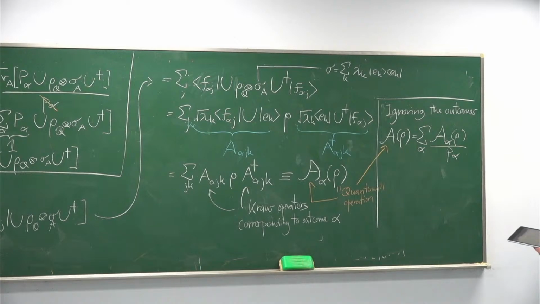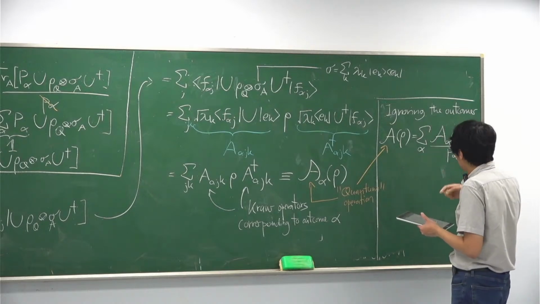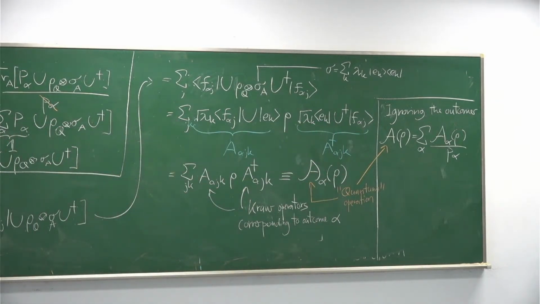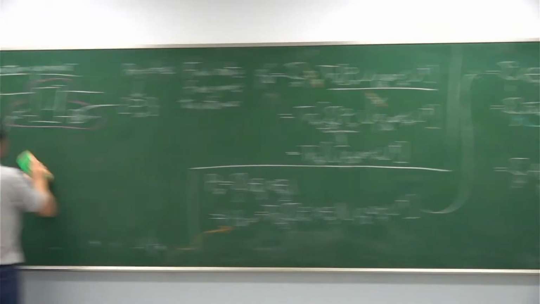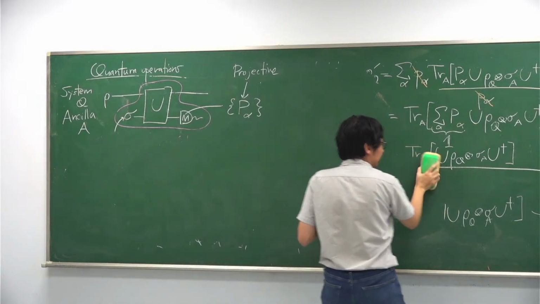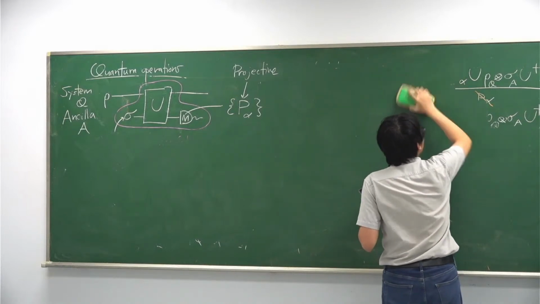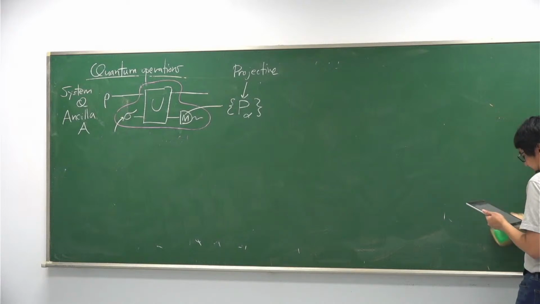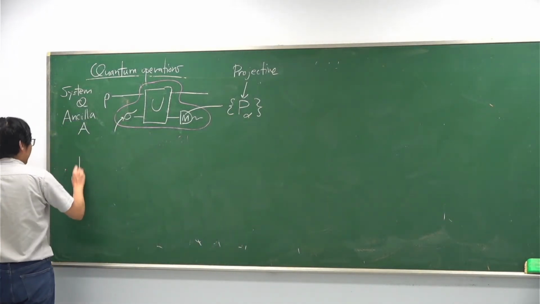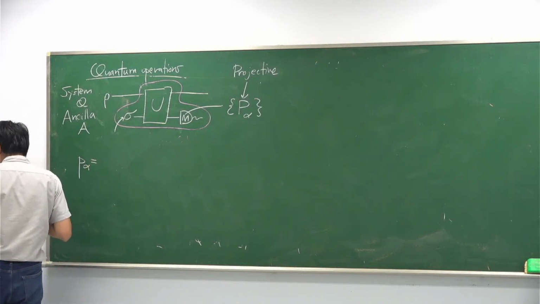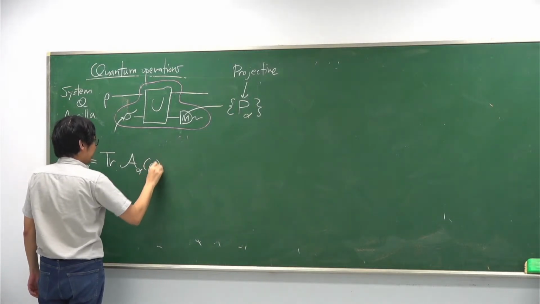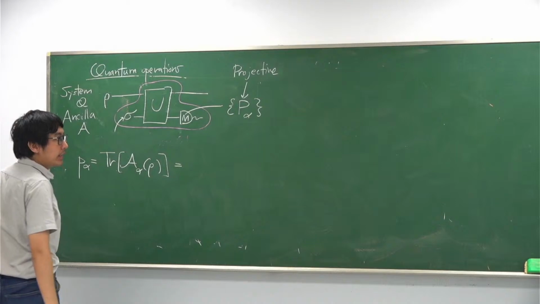Well, what is the probability here? The probability of getting an outcome alpha would just be the trace of this.